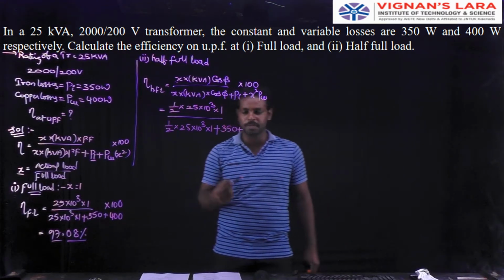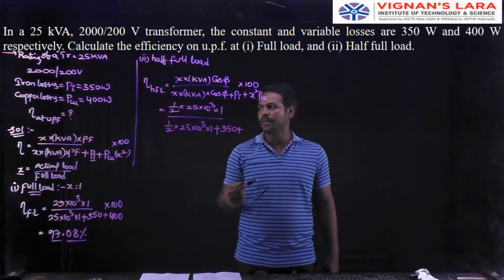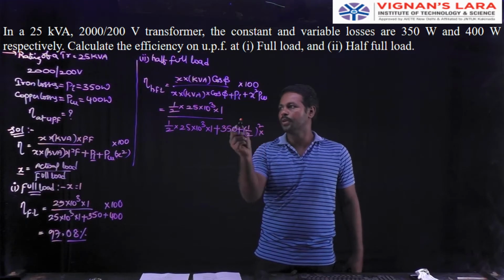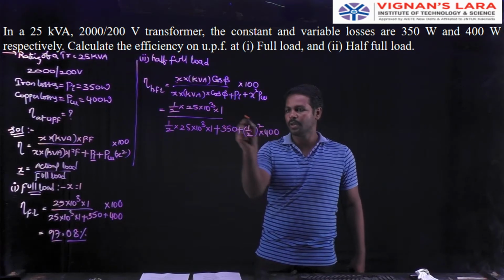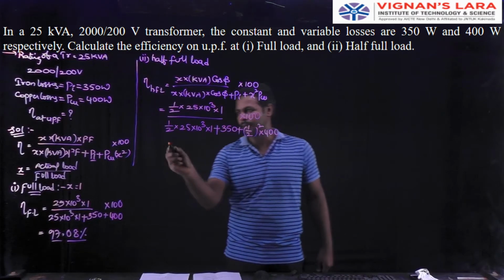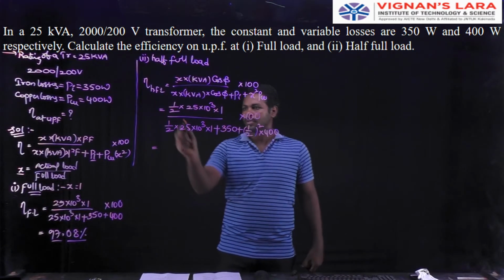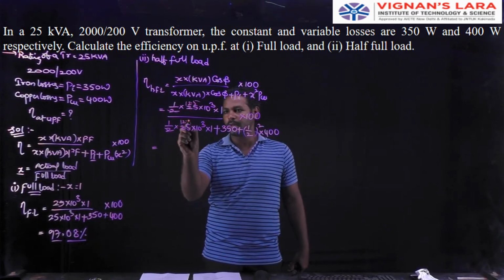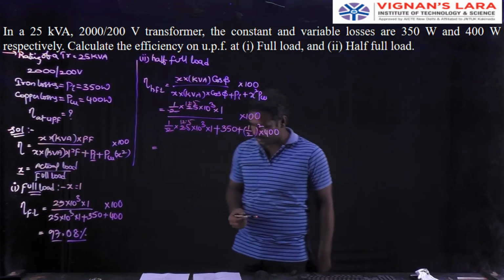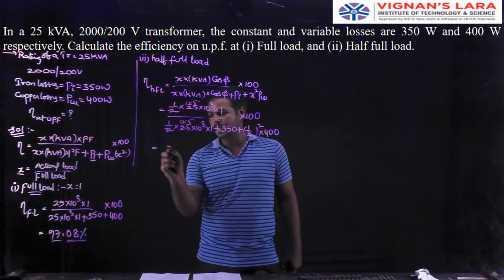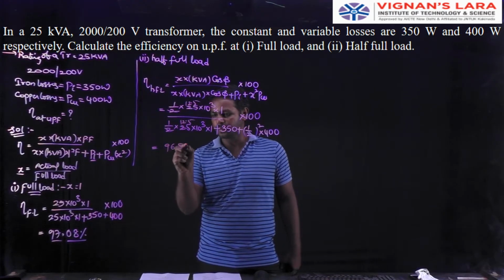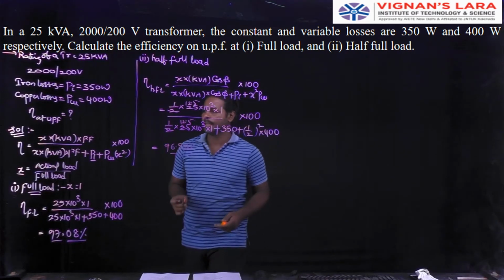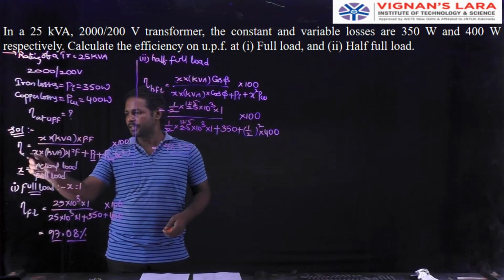Copper losses always depend on load, and the load is reduced to half of full load, so 1 by 2 whole square into 400, into 100%. By simplifying this equation we get 96.53%.